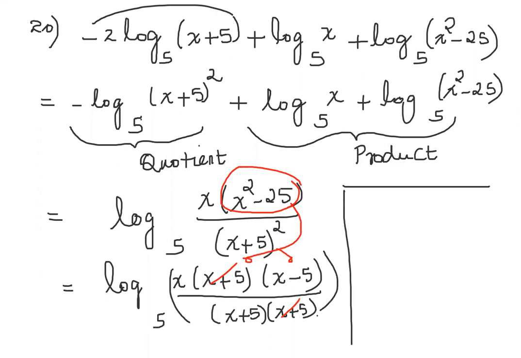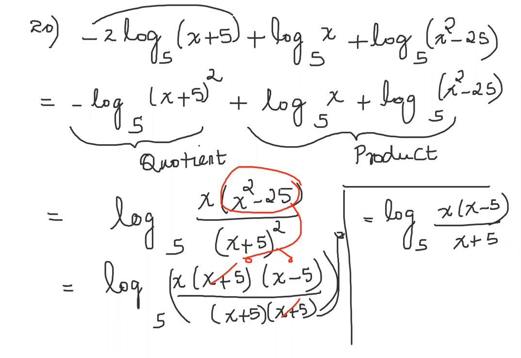So from here we write the final answer, which is log x times x minus 5, and there is one more x plus 5 left in the denominator and the base is 5. So this is our final answer.